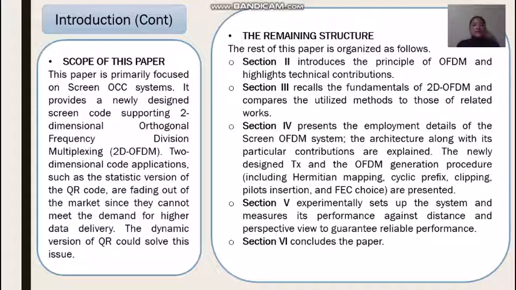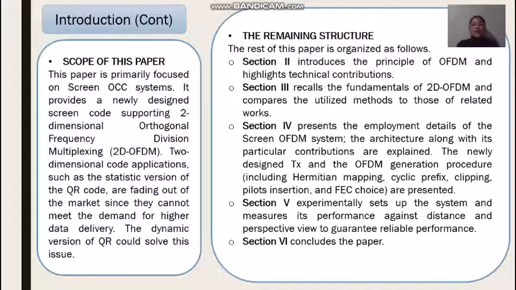Introduction continues. The third point, the scope of this paper. This paper primarily focuses on the screen OCC system. It provides a newly designed screen code supporting two-dimensional orthogonal frequency division multiplexing, 2D OFDM.